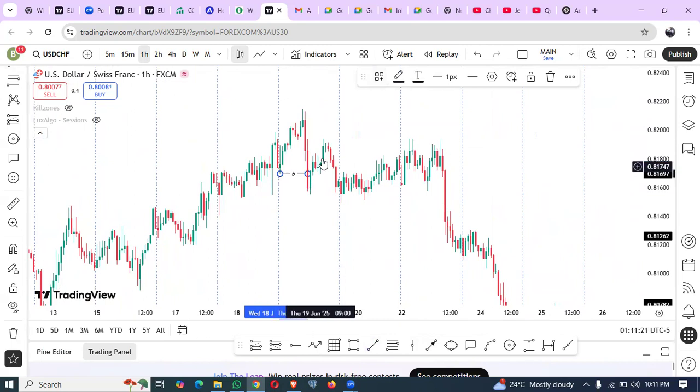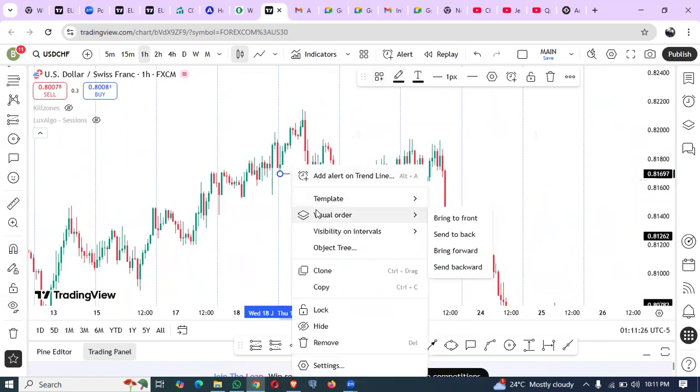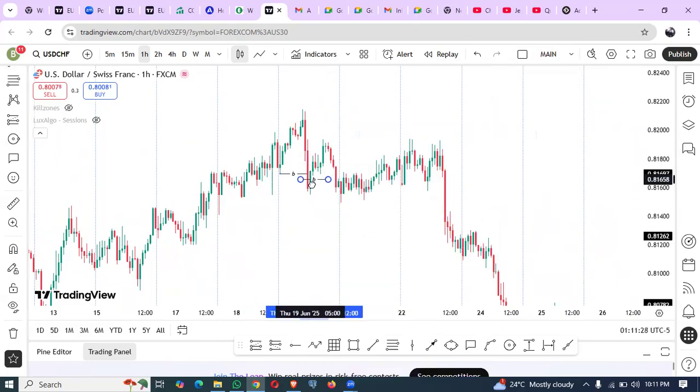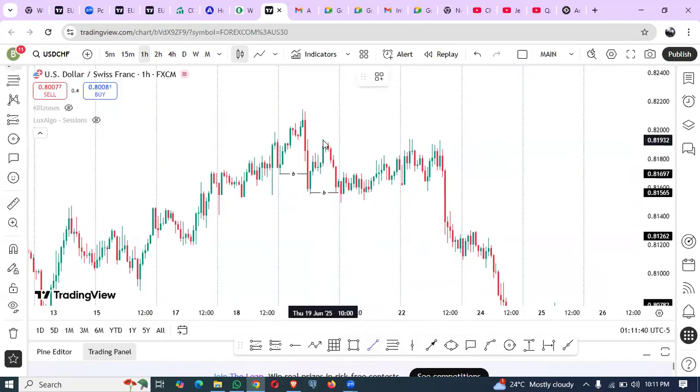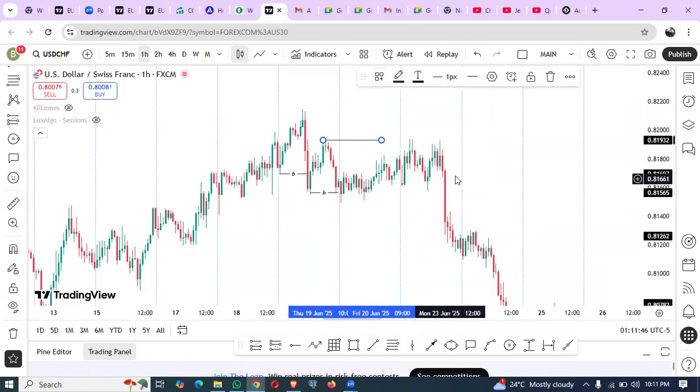Then we had this valid pullback and close below again, giving us our second break of structure. So the origin of that second break of structure is your inducement. This valid pullback that gave us the second break of structure is what we call the inducement.